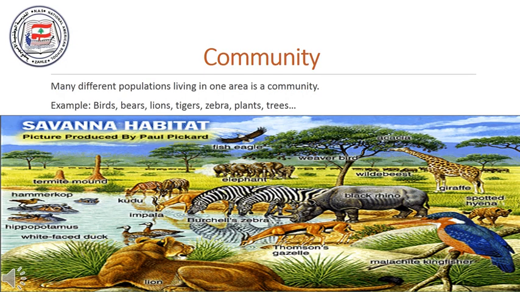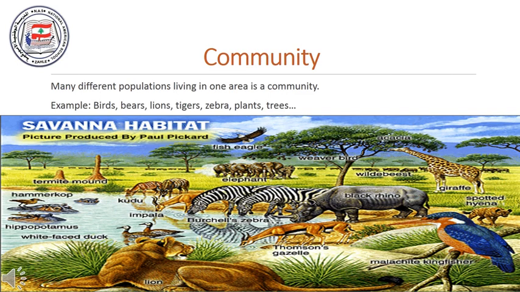Community. Let's look at this picture. It is a savanna habitat. As we said, the savanna is a kind of grassland ecosystem. I want you, please, to name 2 populations shown in this picture. Yes, we can say elephants and zebras.